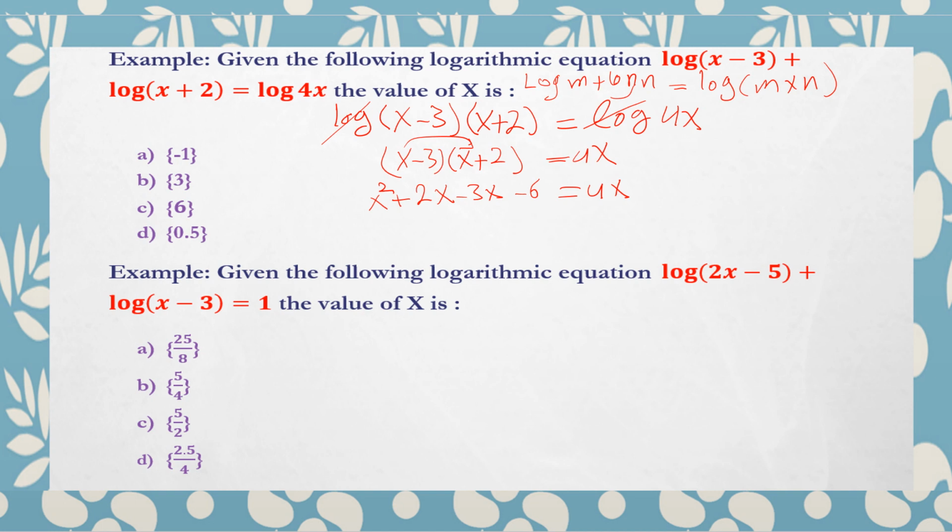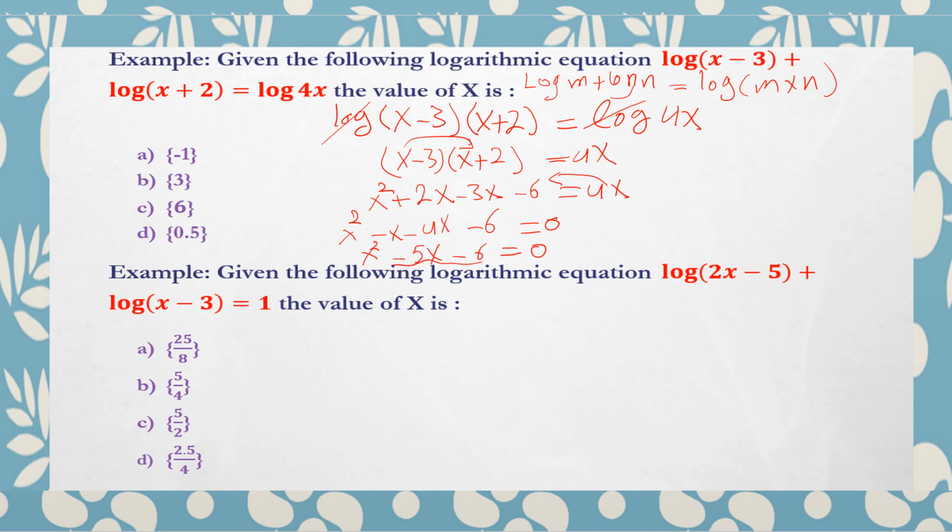So x squared, 2x minus 3x minus x, and by taking 4x to the other side with different sign, minus 4x minus 6 equals 0. So x squared minus 5x minus 6 equals 0.